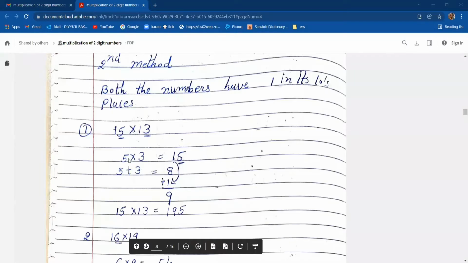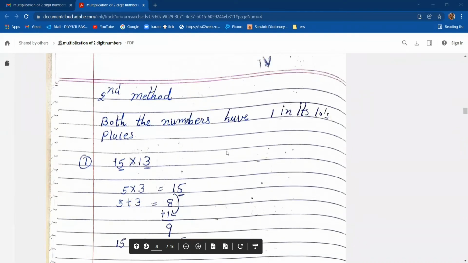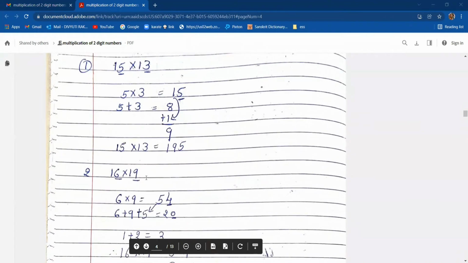So we were talking about the second number, that's 16 into 19. So we will multiply this 6 into 9. 6 into 9 is 54, and 6 plus 9 will give you 15. 15 plus 5, this carry, and we will get 20.